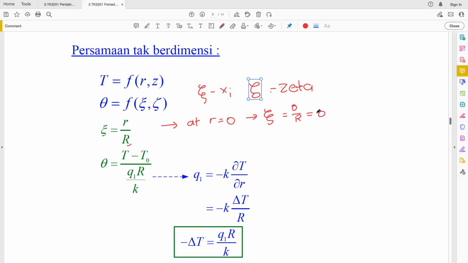So you change the variable from R into C. When R equal to capital R, C would be R divided by R equal to 1. So if R is between 0 and capital R, then C would be between 0 and 1, a fraction.